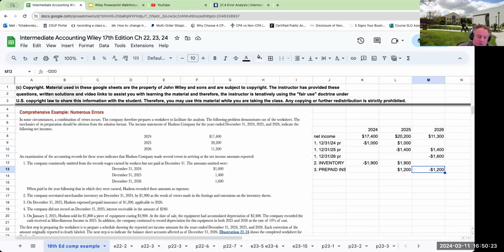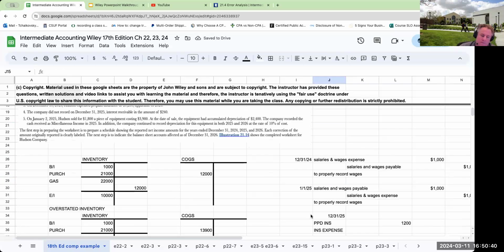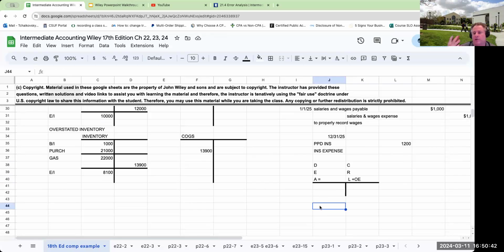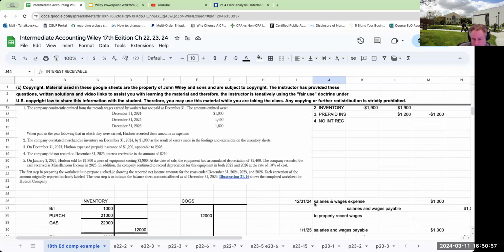Okay. So right over here, the company did not record interest receivable. For number 4, when I record interest receivable, what am I doing? I'm debiting interest receivable, which is basically interest on something where I am owed it, but I have not yet received it, though I've earned the interest.